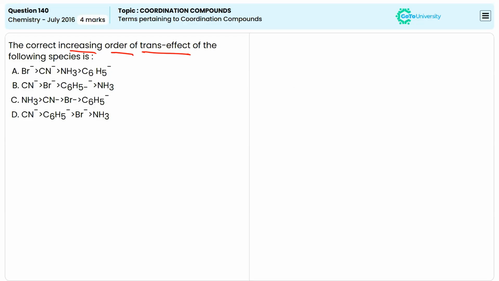And this is particularly observed in square planar complexes of the transition metals such as platinum. Now this refers to the ability of a ligand to influence the substitution rate of another ligand which is positioned at the trans position.